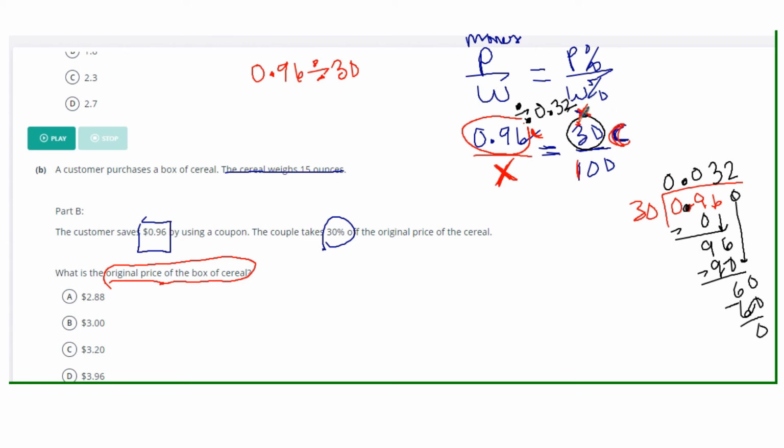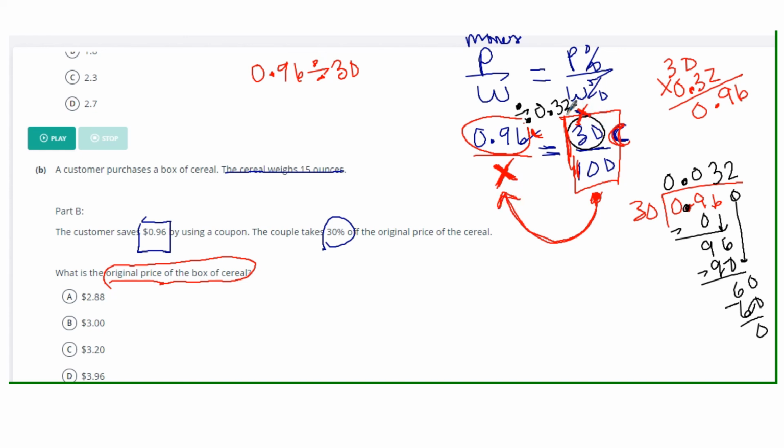So that means that 30 times 32 thousandths is equivalent to 96 hundredths. So you have to recognize which direction am I going to get to my unknown value. So I want to start here. So that means I need to go from right to left.